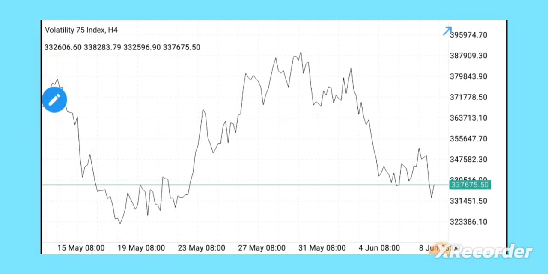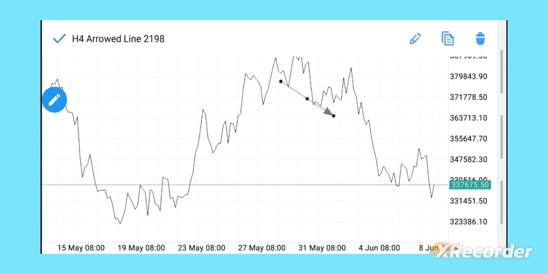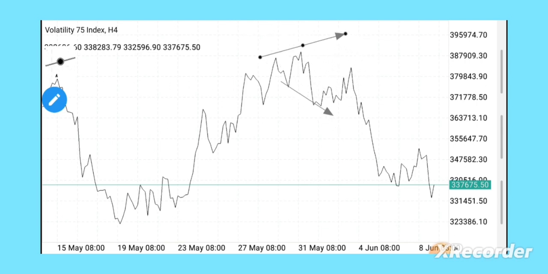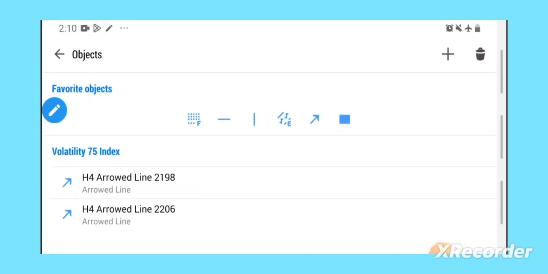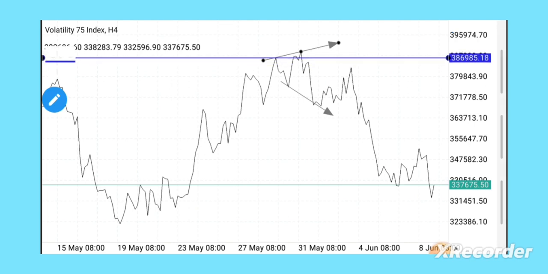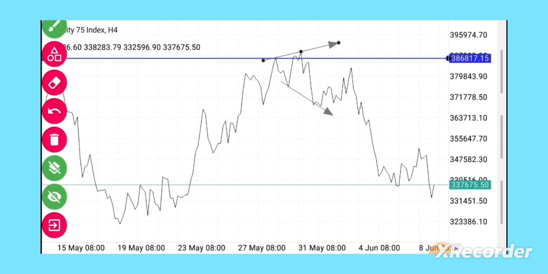The trend line, you connect like this on the line chart, and then the upward side like this. You get your horizontal line, you connect the last previous high, this one which was taken out. You draw your horizontal line like this. You wait for the market to come back and touch your horizontal line.